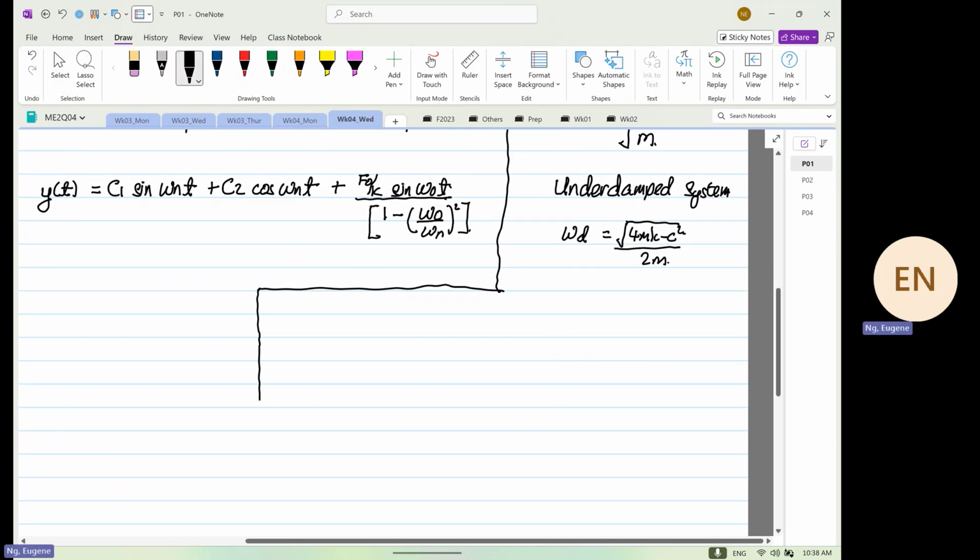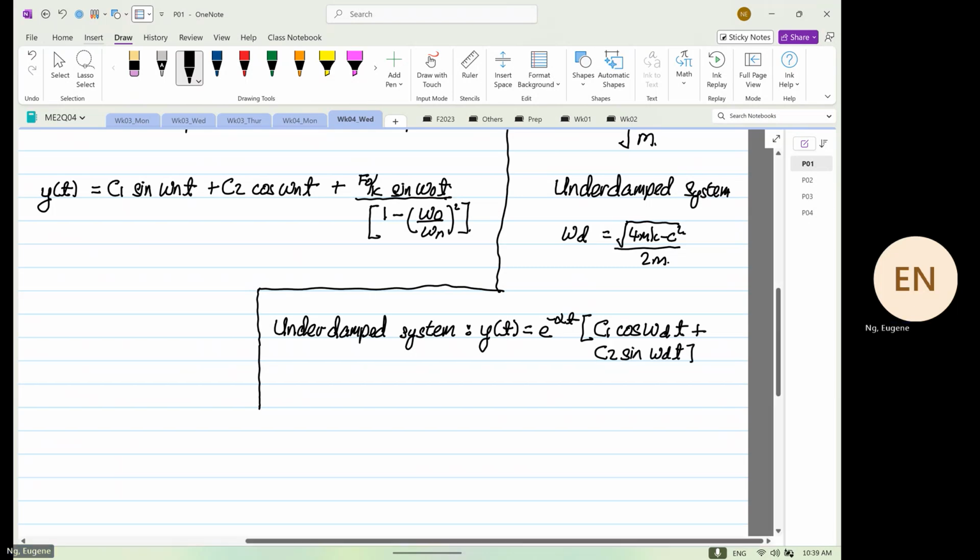When it's an underdamped system, we have y as a function of time equal to e to the minus alpha t, times C1 cos ωd t plus C2 sin ωd t.